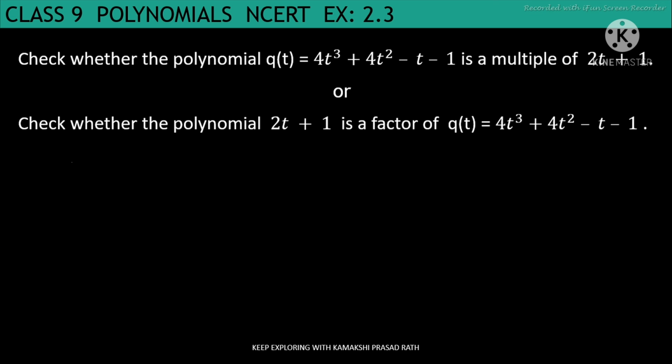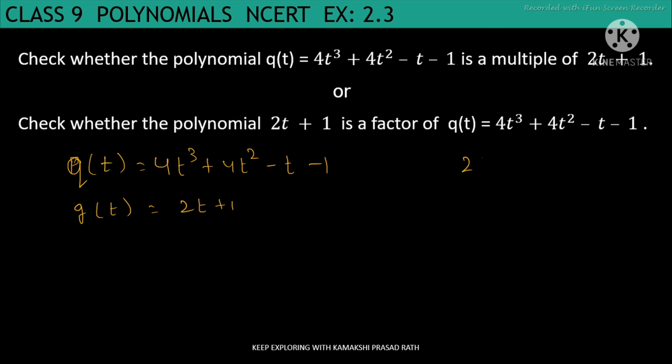So here we have q of t, already given, equals 4t cube plus 4t squared minus t minus 1, and the factor that we have to prove is 2t plus 1. So let us take g of t as 2t plus 1.